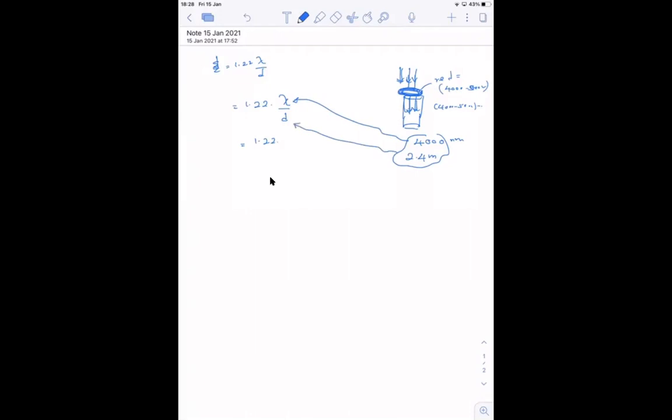Make sure that you keep the same units, and then you will get the diffraction limit. This is an angular value, by the way. The value comes in terms of radians, which is again a unitless quantity. So this is just an example of how you find the diffraction limit.